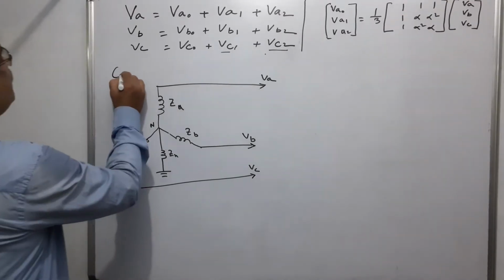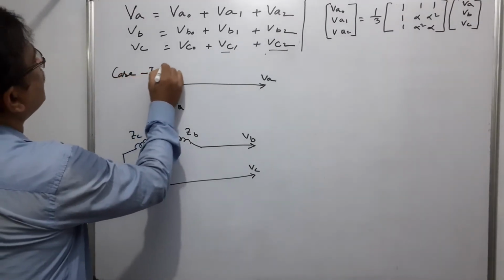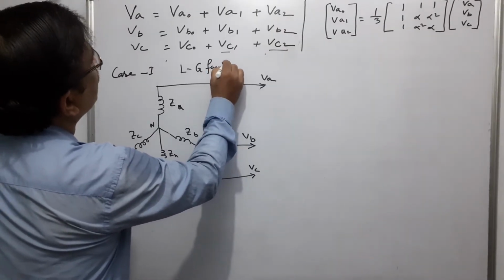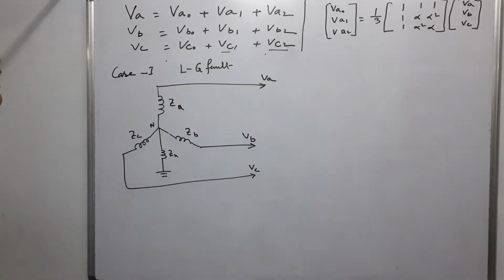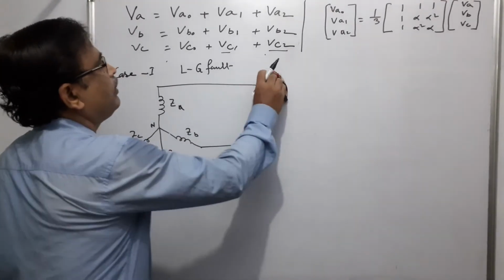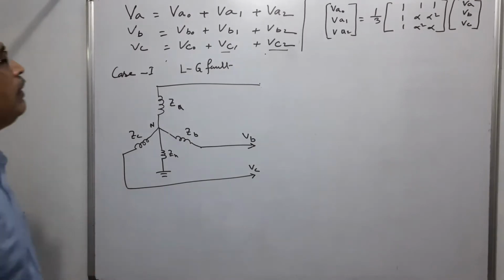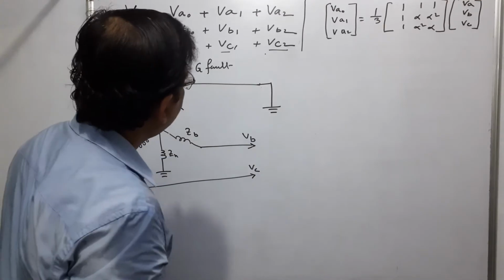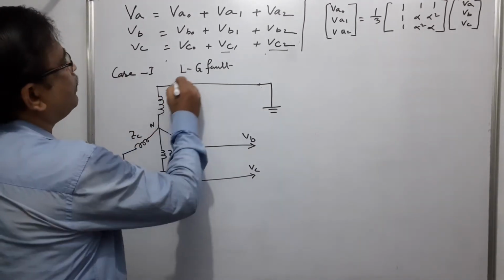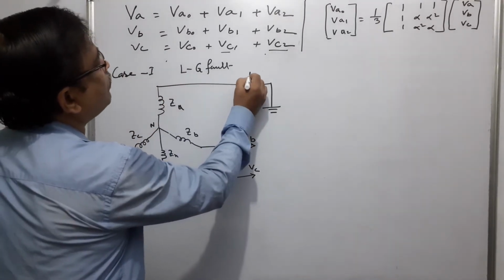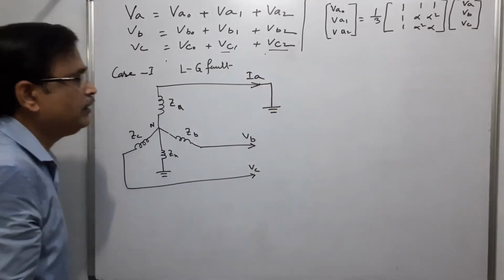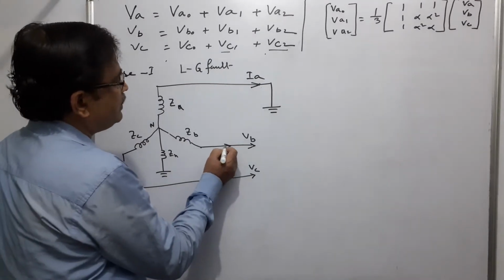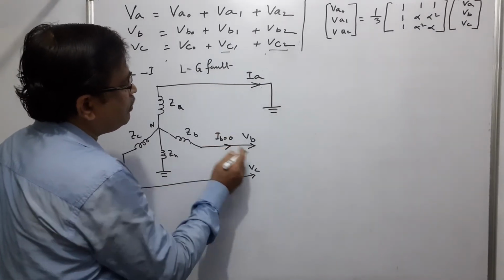Now, first case, case 1, LG fault. For an LG fault, we assume that the alternator's A phase is grounded, so fault current will flow. Suppose this is IA, the current in A phase, and this is IB, which equals 0, no current.